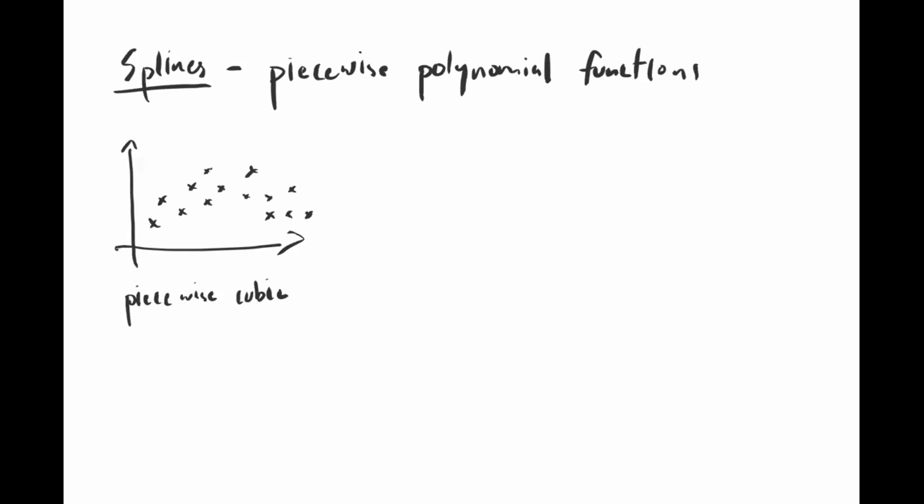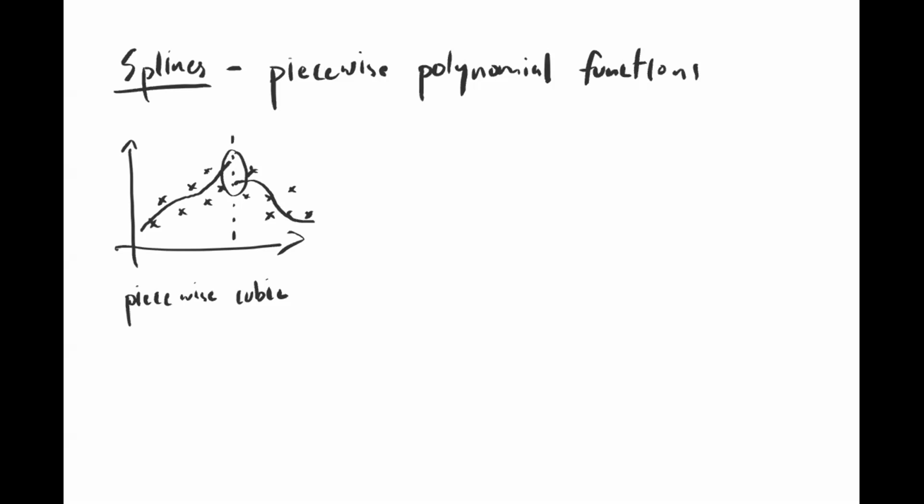Suppose I have data that looks something like this, and I have a breakpoint maybe somewhere like this. Your function may look something like this. And what you'll notice here is that at the breakpoint, you have a discontinuity, and that may make sense, right?